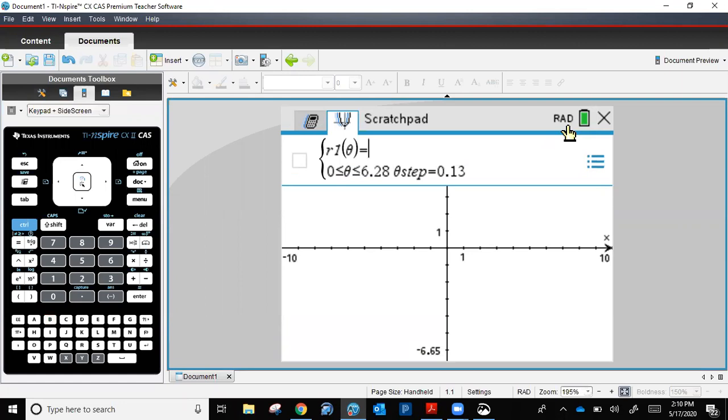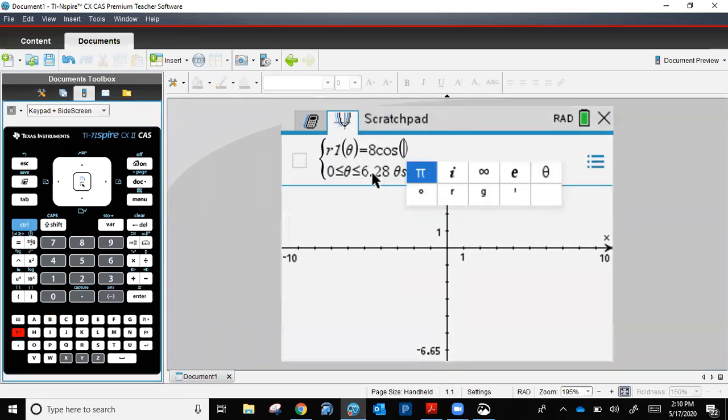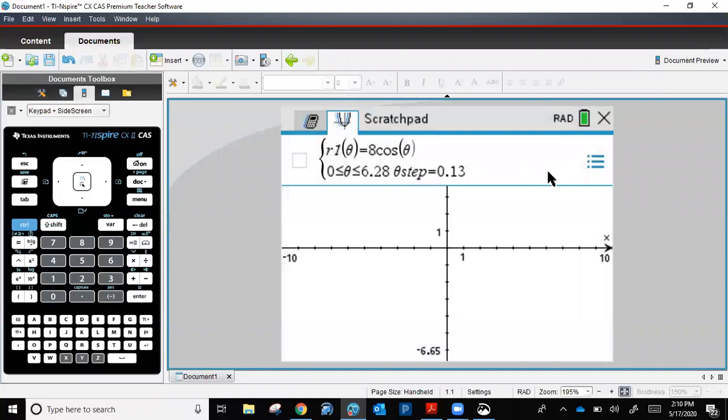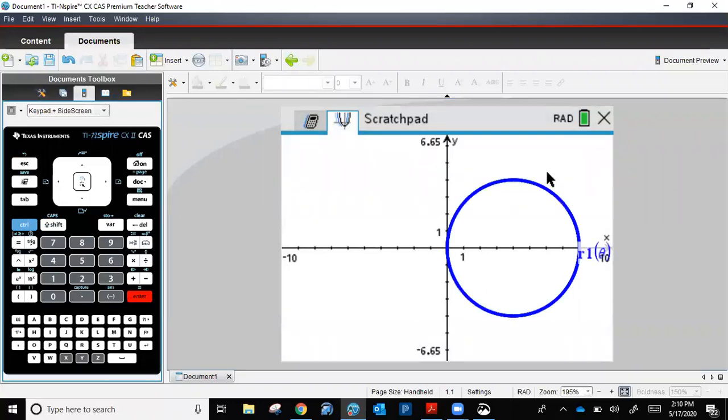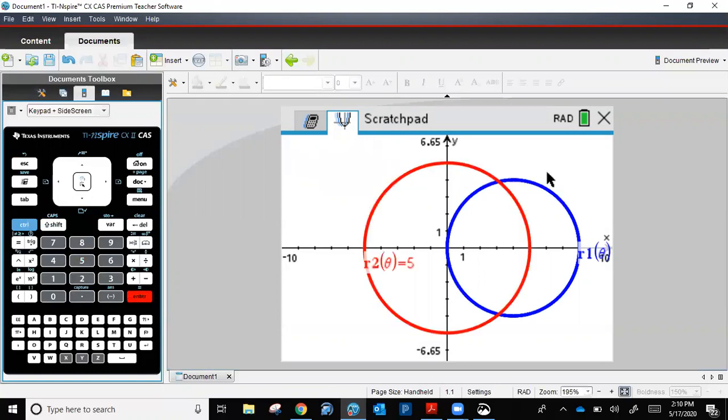We have r equals 8 cosine of theta. Hit enter, and then if I hit tab, I can pull up another line and enter r equals 5. And we have a curve that looks somewhat like this.